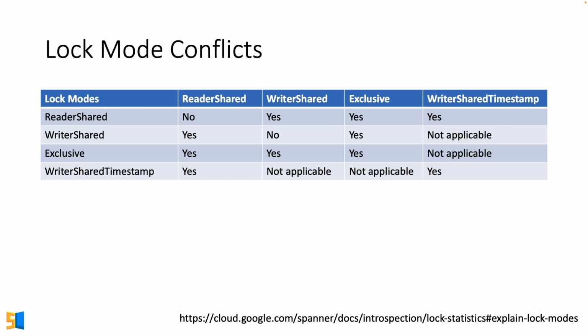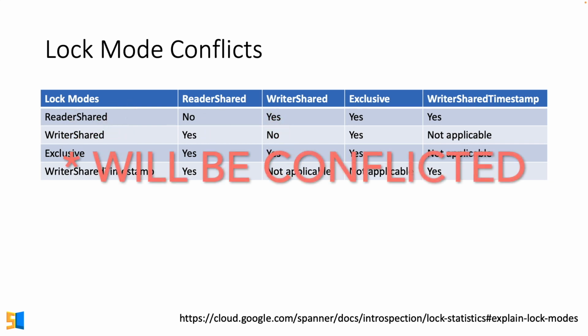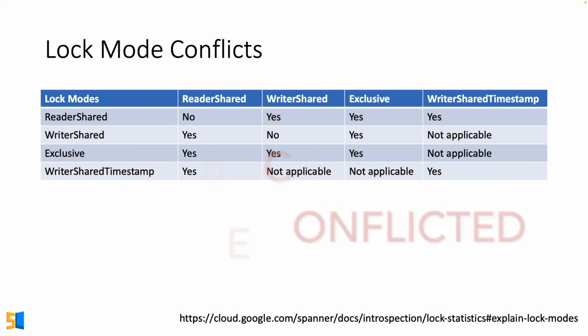Let's see another example. If you try to acquire a lock, in this case exclusive, and the resource lock is already acquired by another client, in this case reader shared, then it is a conflict. So you can take a look at this table to determine whether your transaction will be blocked by other lock types.